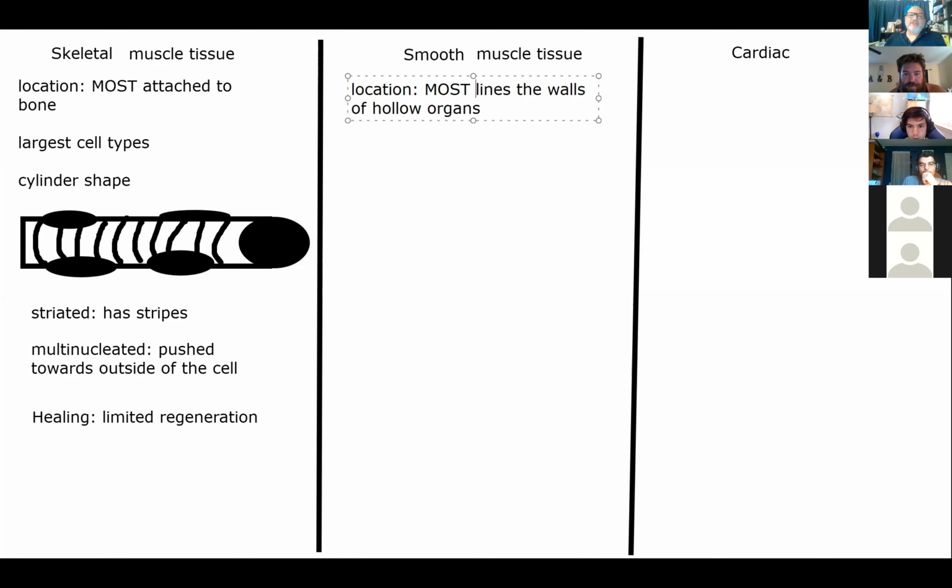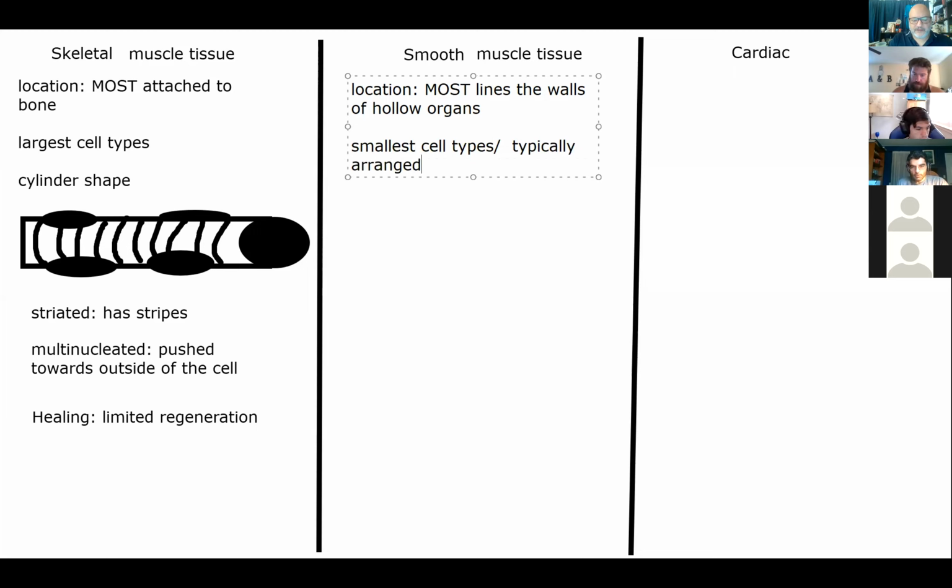Most smooth muscle lines the walls of hollow organs. All right, let's be consistent. If skeletal muscle cells are the largest cell types, smooth muscle cells are the smallest. These are typically arranged in sheets, layers of cells that work together.